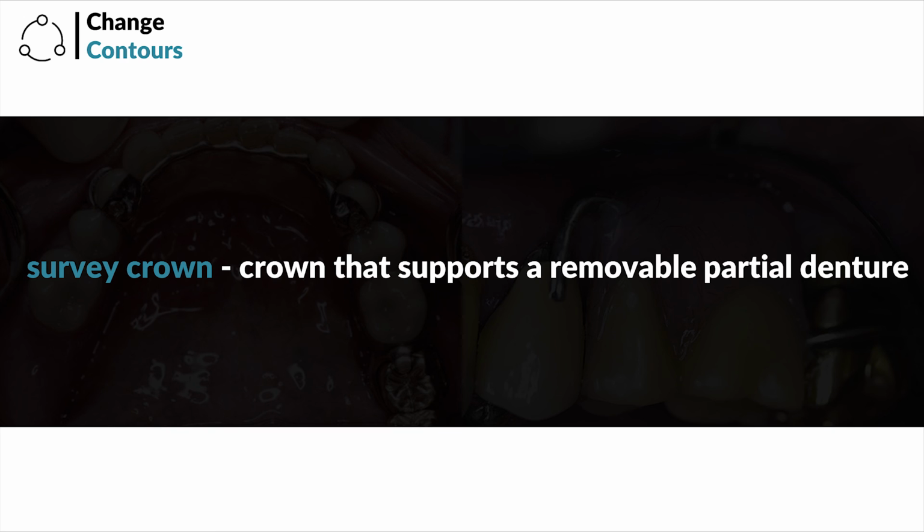A lot of the times we can. Maybe we just need to move the height of contour in one particular area, and we'll do some selective adjustment in that area for that appropriate clasping of the tooth. But there's times where it's so significantly out of position that we would say, you're better off doing a crown.